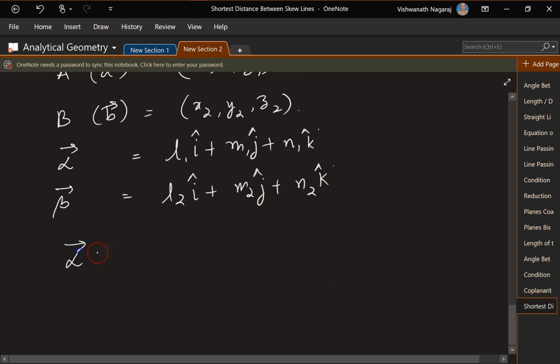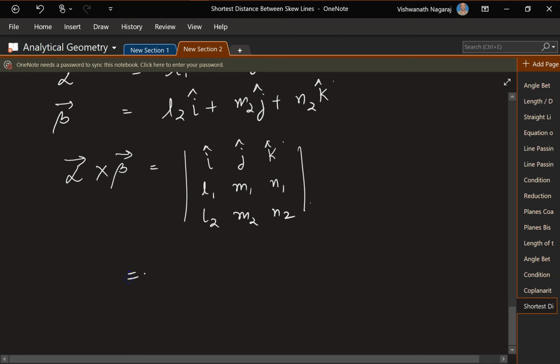Now, alpha cross beta is equal to what? It is the determinant with rows i, j, k; L1, M1, N1; L2, M2, N2. Now this can be written as (M1 N2 minus N1 M2) i, and so on.